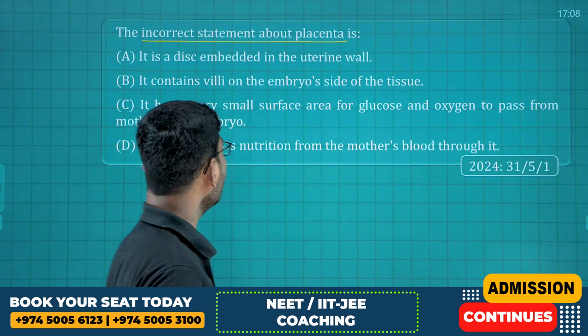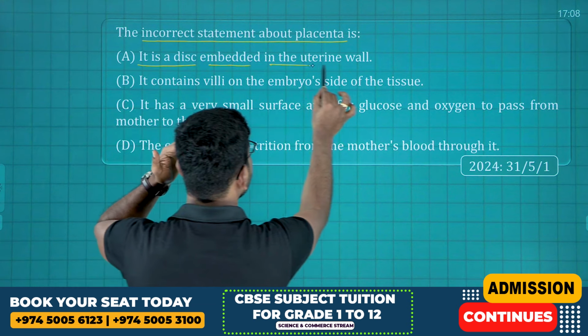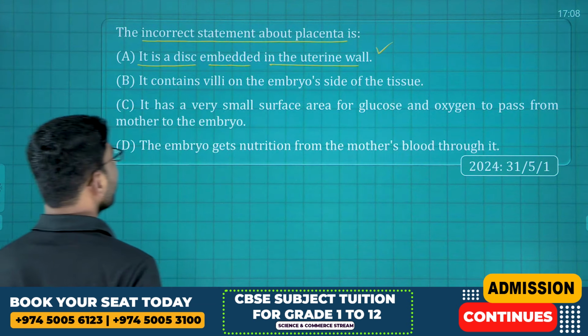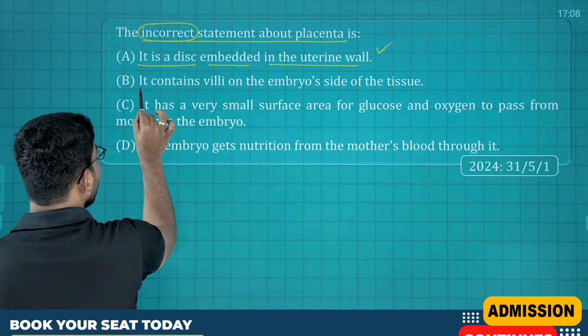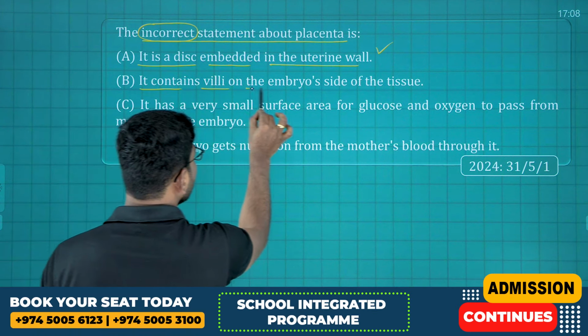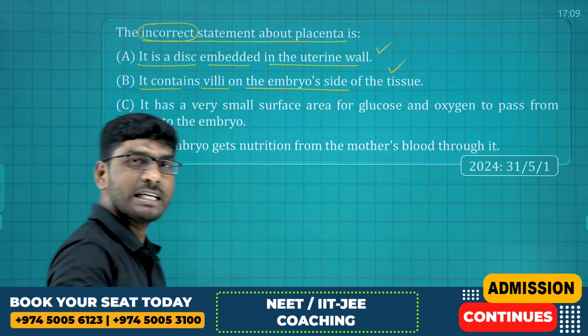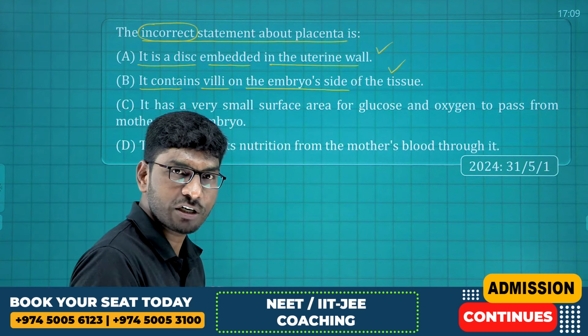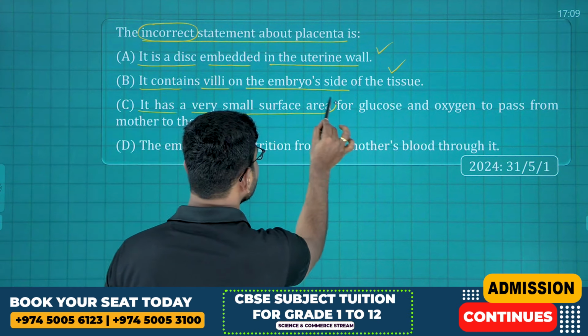Yes or no? Now what do they mention? It is a disc embedded in the uterine wall. Absolutely correct. They're asking what? Incorrect statement. Mark this one. It contains villi on the embryo side of tissue. Absolutely correct. Villi increase surface area for more and more absorption of food material. It has very small surface area.